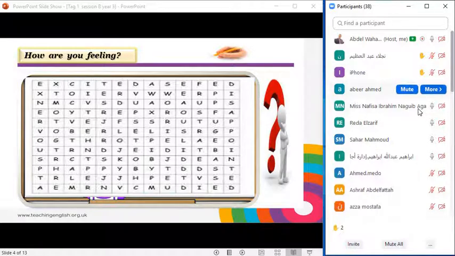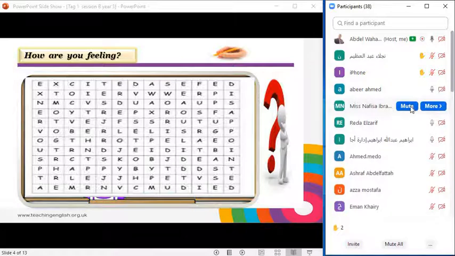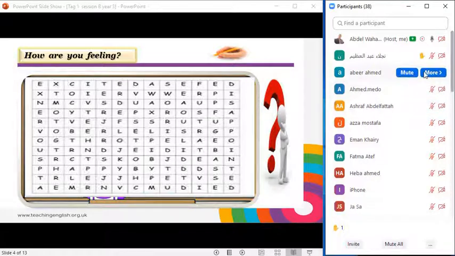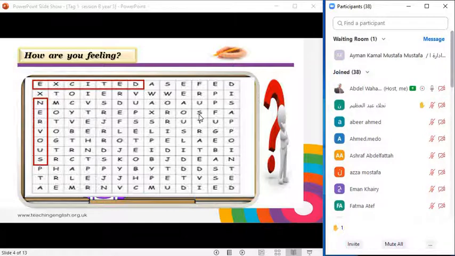Can I speak? Go on, Miss Abir. Yes, I found a new one. Died, D-I-E. Okay. Please mute yourself. If you couldn't speak, please mute yourself. Now we can find the words excited, nervous.